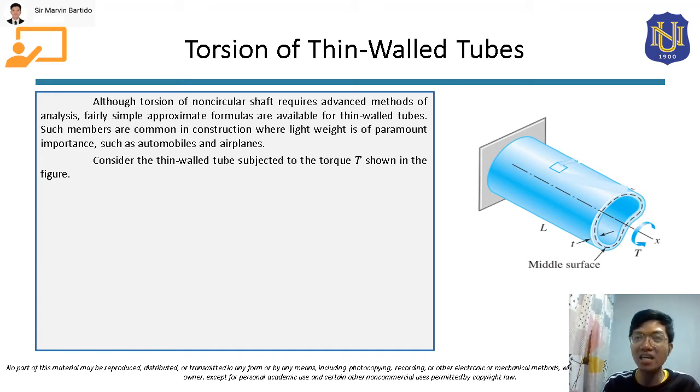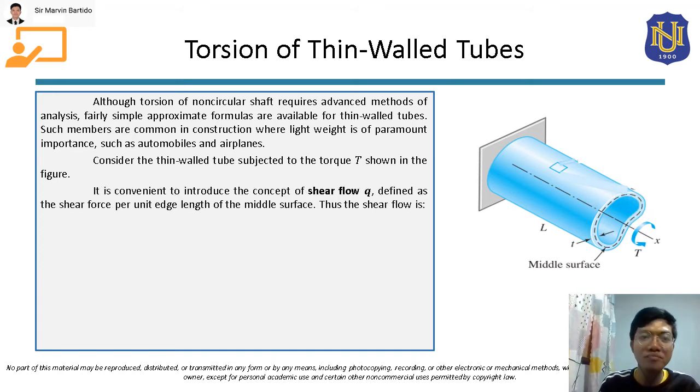Okay, so class, it is convenient to introduce the concept of shear flow, denoted by q, defined as the shear force per unit edge length of the middle surface. The shear flow is the amount of shear force that flows in the middle surface. So q is equal to shear stress times the thickness.